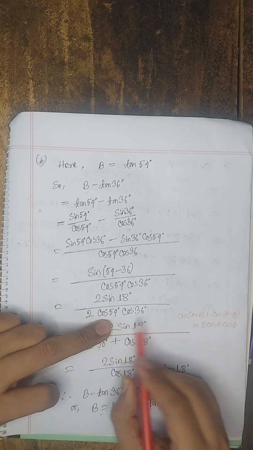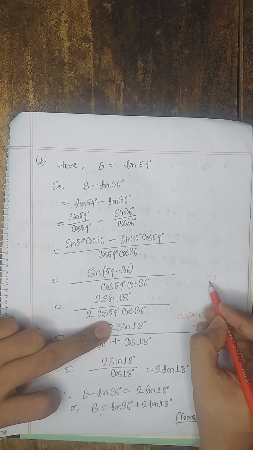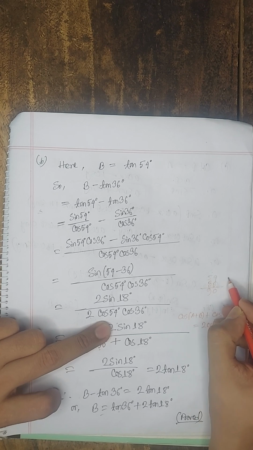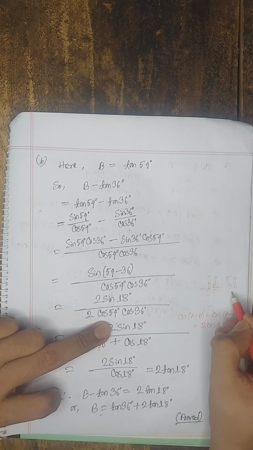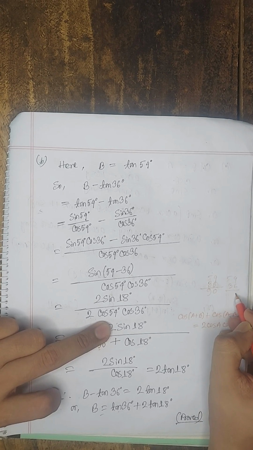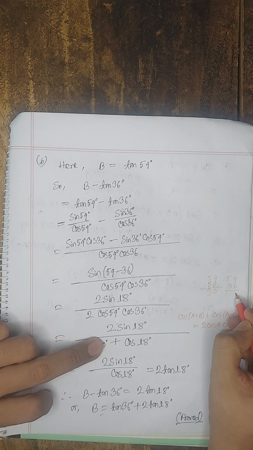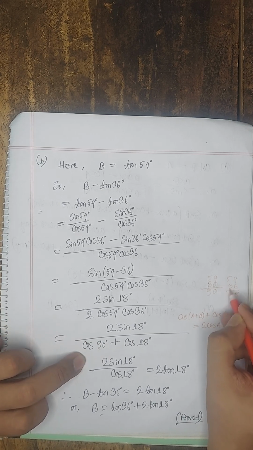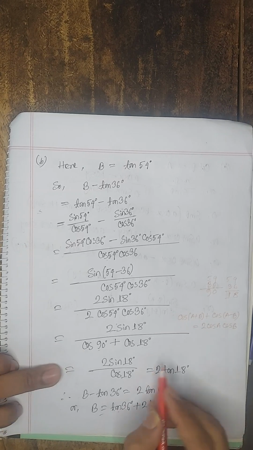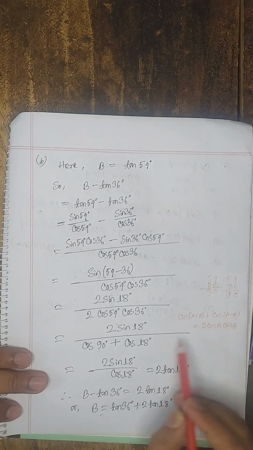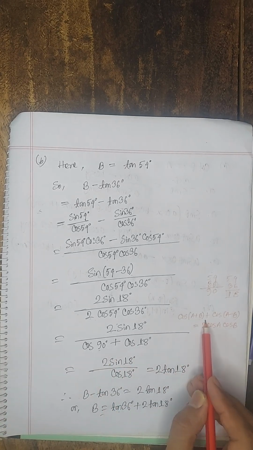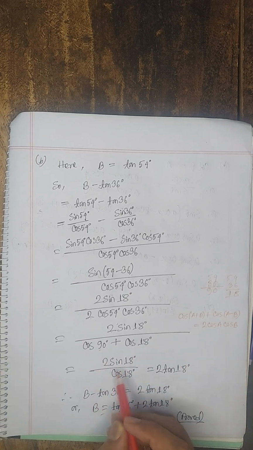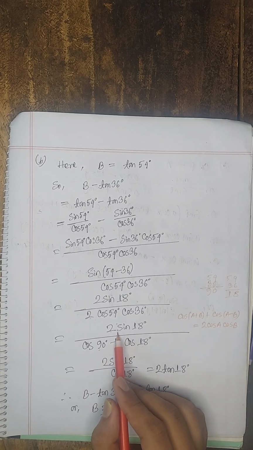Here 54 plus 36 and 54 minus 36 are 90 and 18. So we get cos a plus b plus cos a minus b, so cos 90 plus cos 18, and in the numerator 2 sin 18.